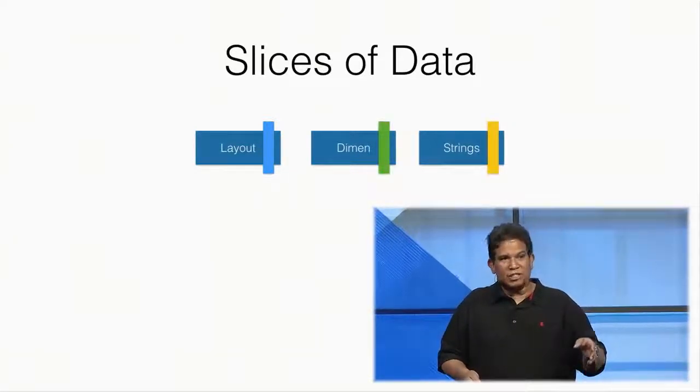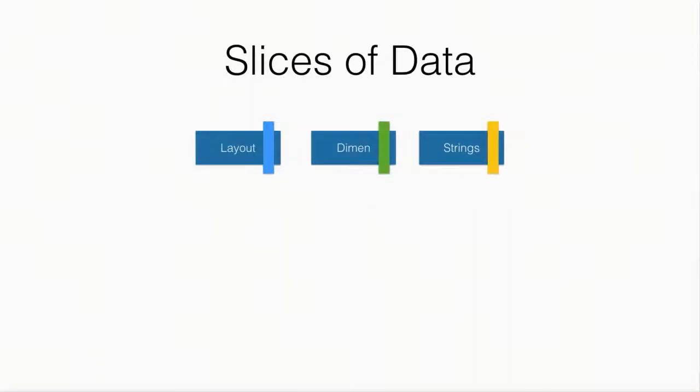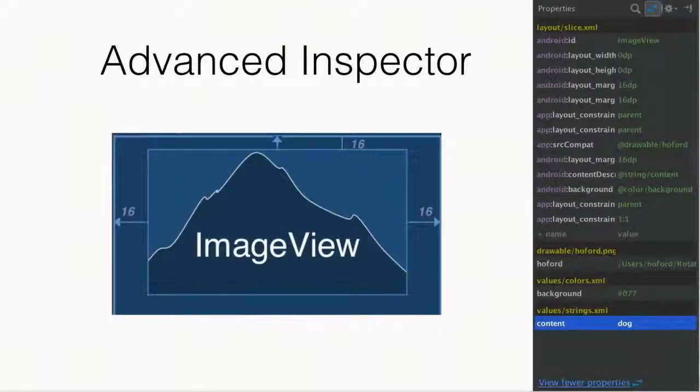So if we can take the selected object in the layout, the dimensions it uses, the strings it uses, and all the other things it's referring to, and combine them into one user interface, it appears on the right, and we gave it a look that is kind of like an XML file. So if you're used to the XML, you'll understand what it does and how it works. You can see the files that are coming from all the other parameters.